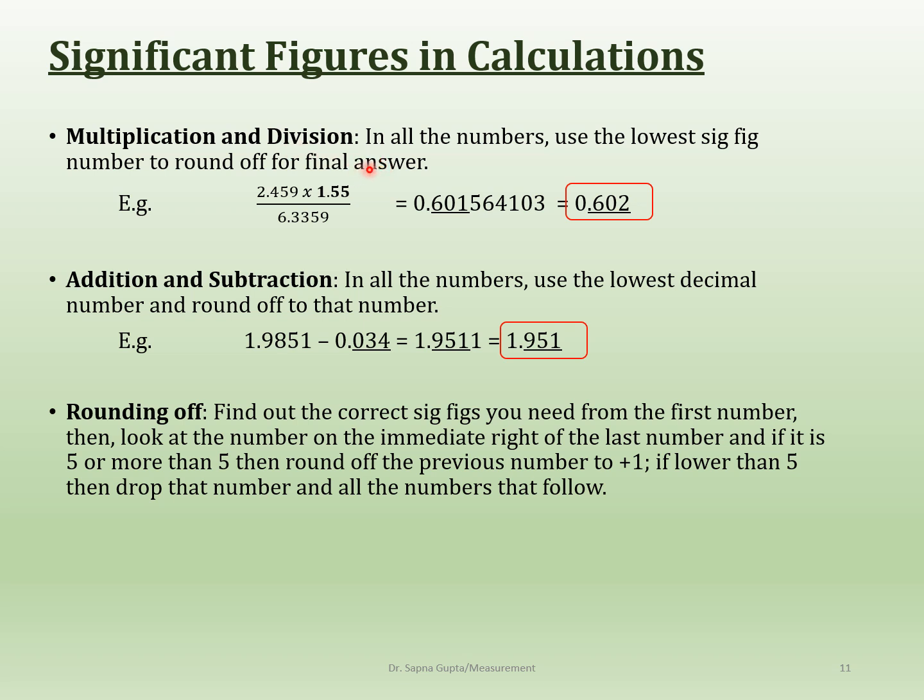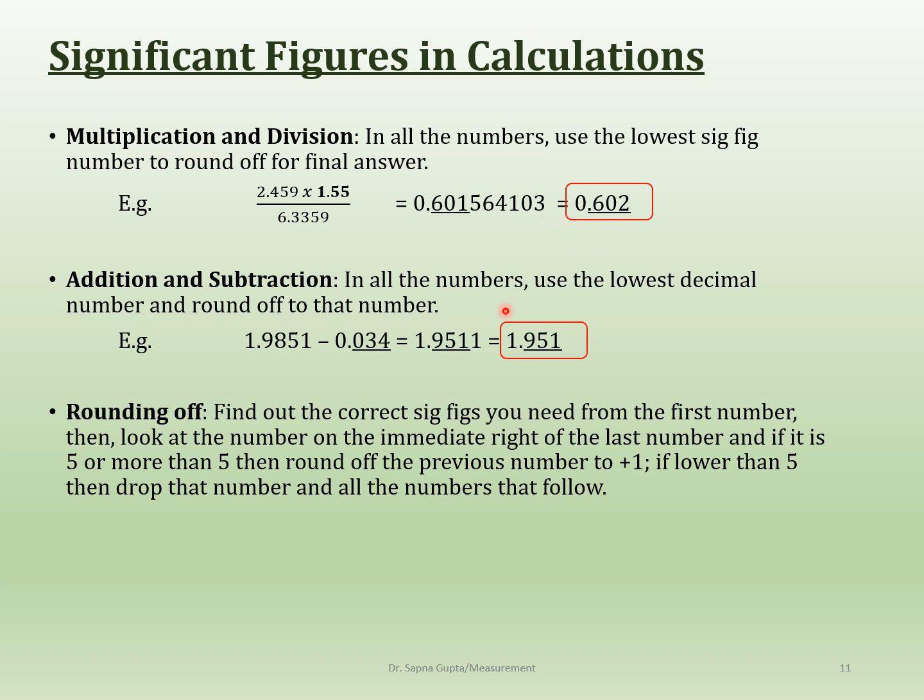We'll talk about rounding off in a few minutes. So you take the lowest sig fig and then you round off for the final answer. Here your sig figs are 4, 3, and 5, which means your final answer has to be 3 significant figures. No matter how far your calculator goes, eventually you have to bring it down to 3 significant figures.